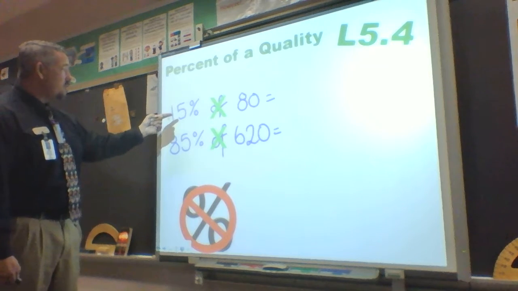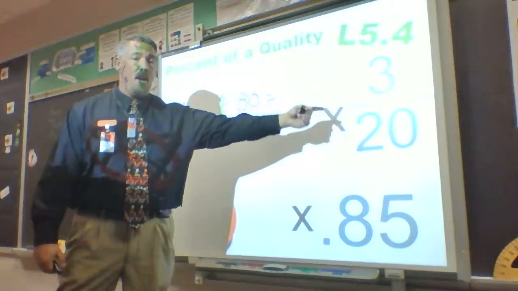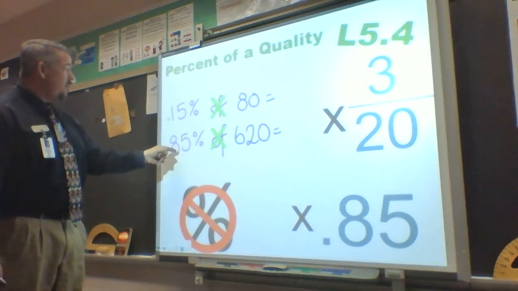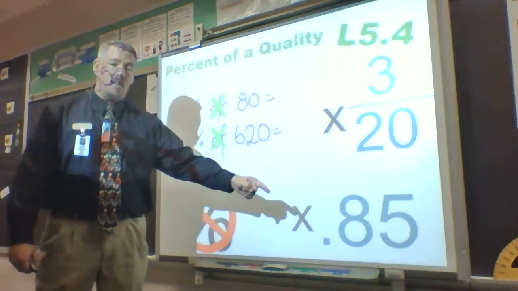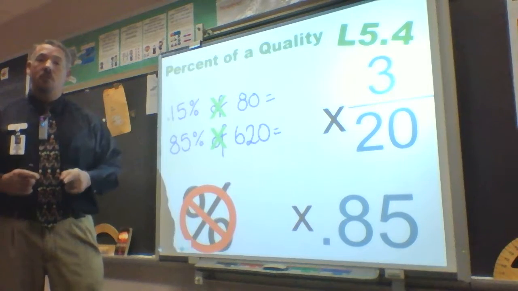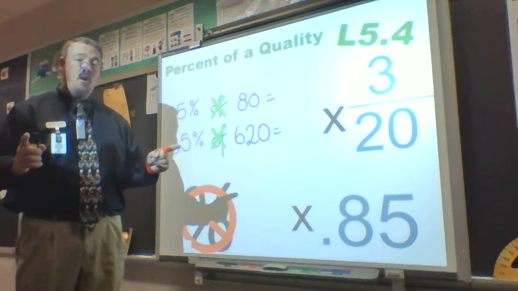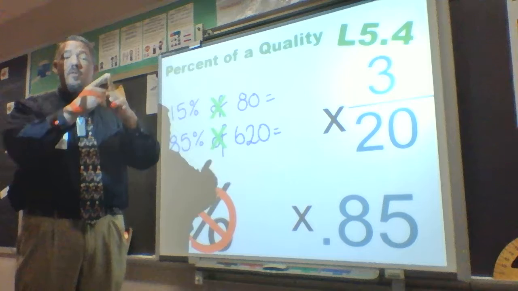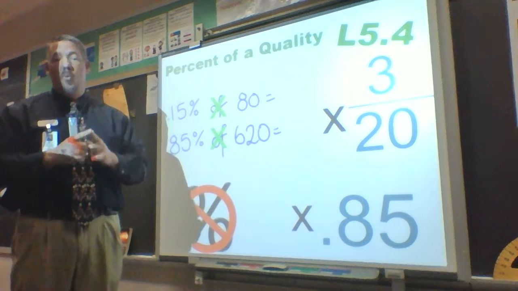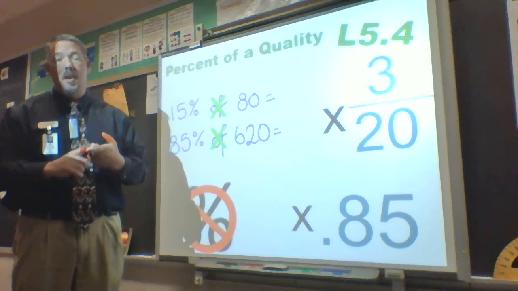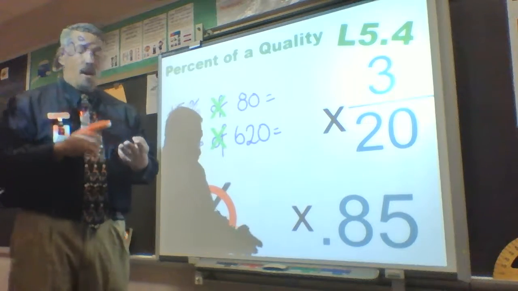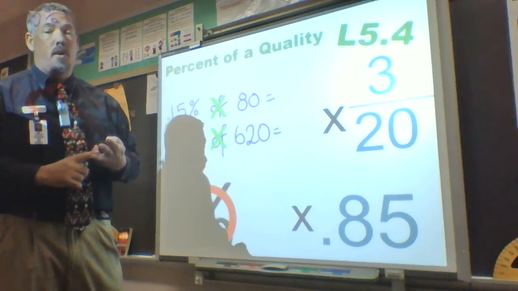So if I choose to do this problem and I need to set it up as a fraction, or I need to do this problem and I want to set it up with a decimal, it's up to you which way you do it. I don't care which path you go through, as long as you get to the same answer. That's the important part for me, that you understand it, that you're able to do it, and you're able to repeat the steps over and over and over again.